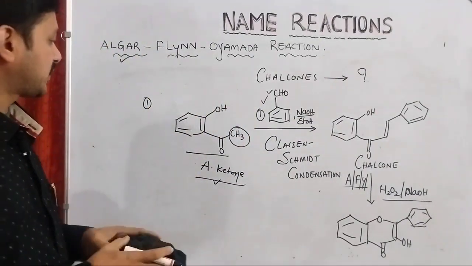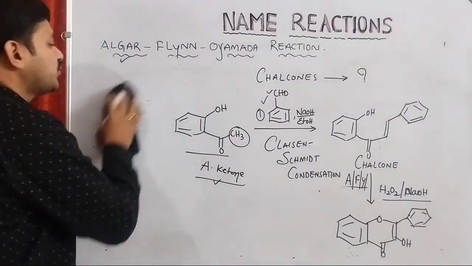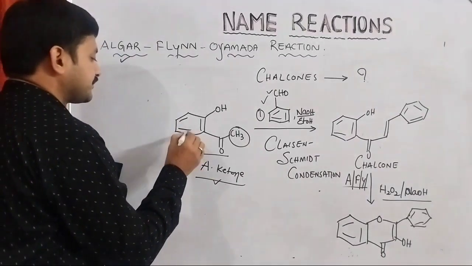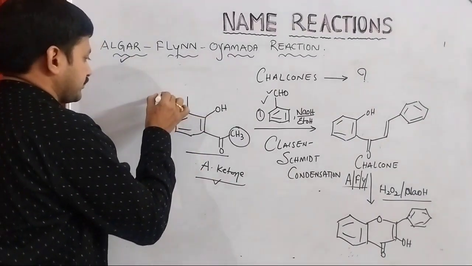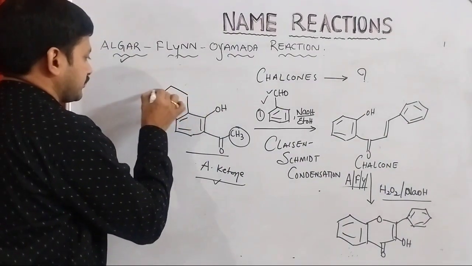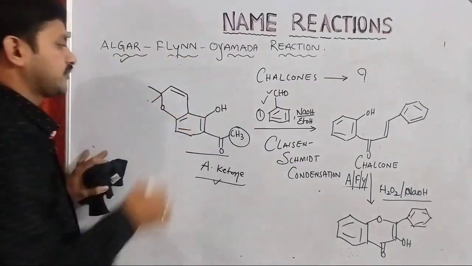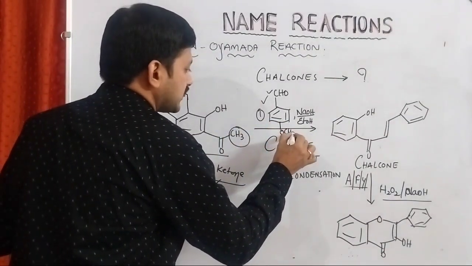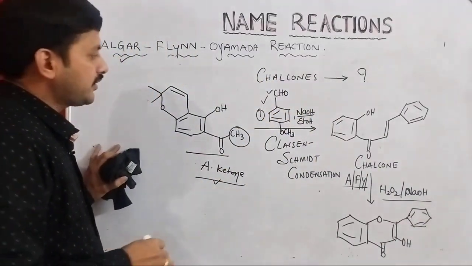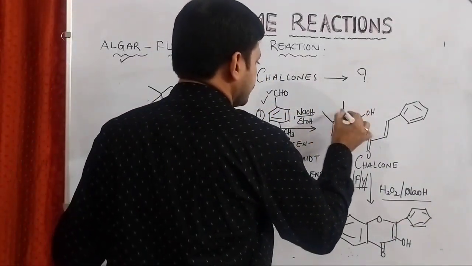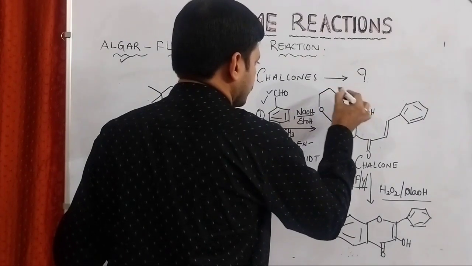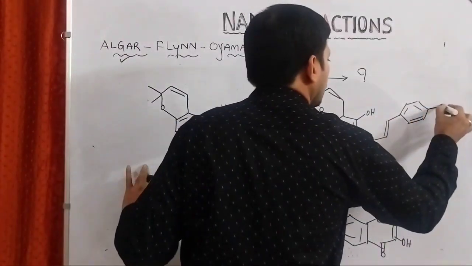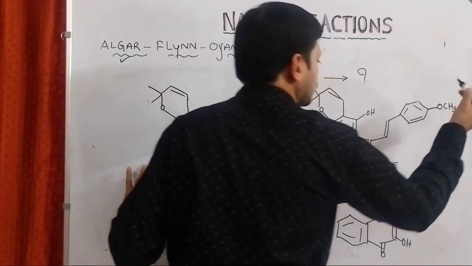Let's see the second application. In the second application, we are doing some substitution. The substitution will be like this. Here OCH3. Thereby you will get double bond. Here we are having OCH3.